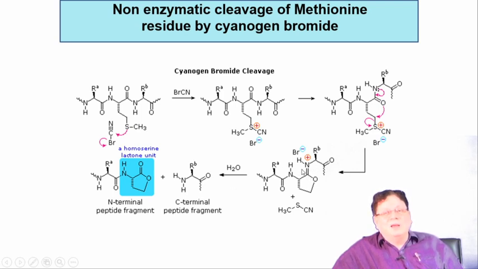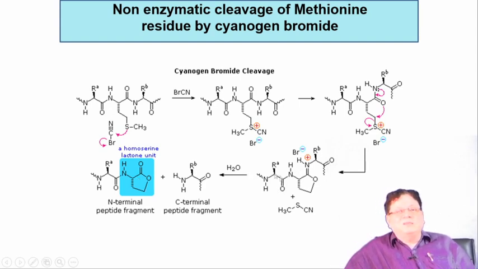This is like an imine. So, this is hydrolyzed by water and then it ultimately leads to what? Leads to a cyclic 5-membered lactone. That was the fate, this lactone comes from the methionine. And what was the result of this? The result is that this peptide bond which we started with is now gone.